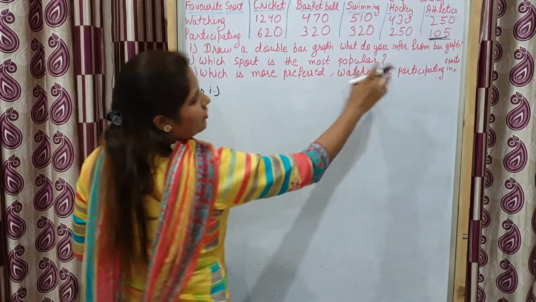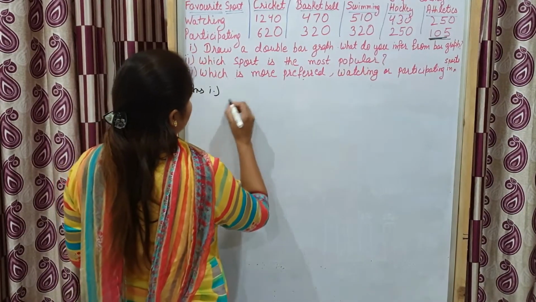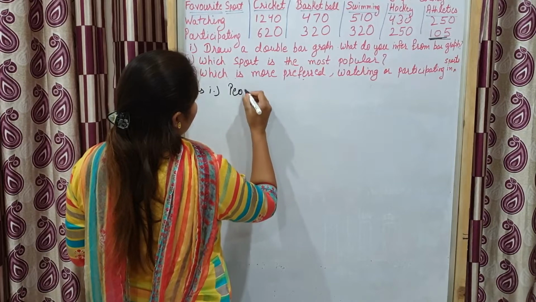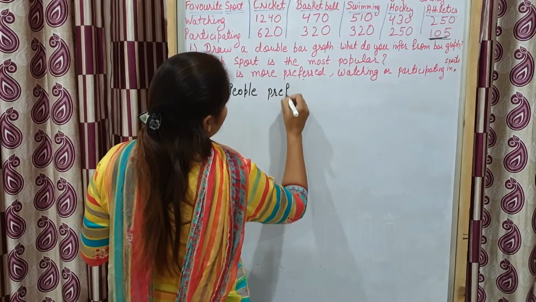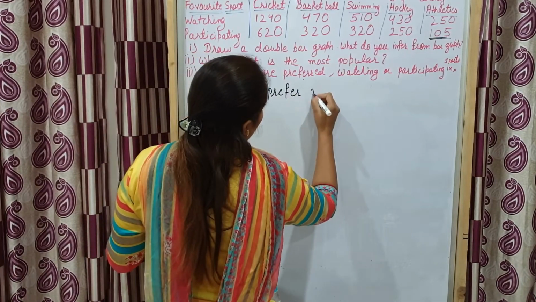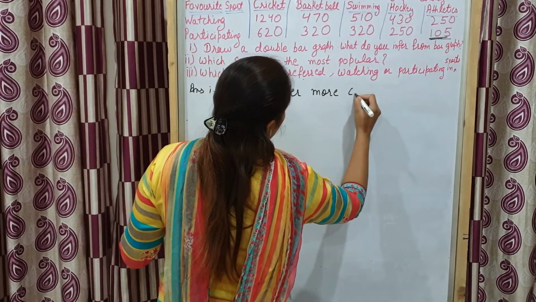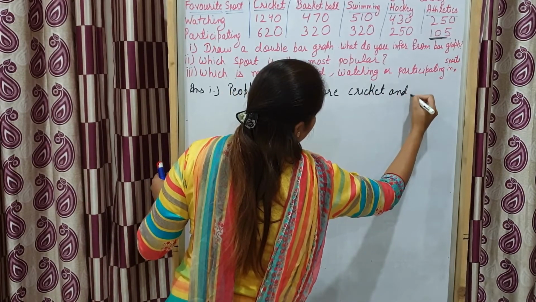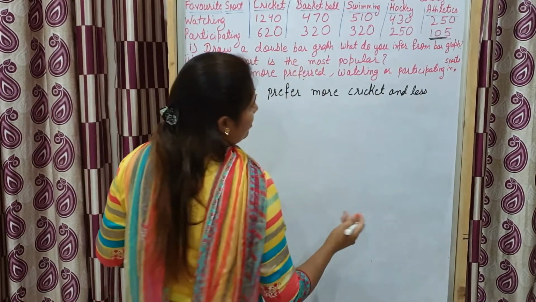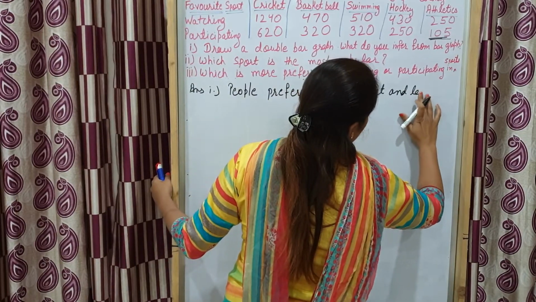Graph we have done. What do you infer from the graph? People prefer more cricket and less, or you can say least, athletics.